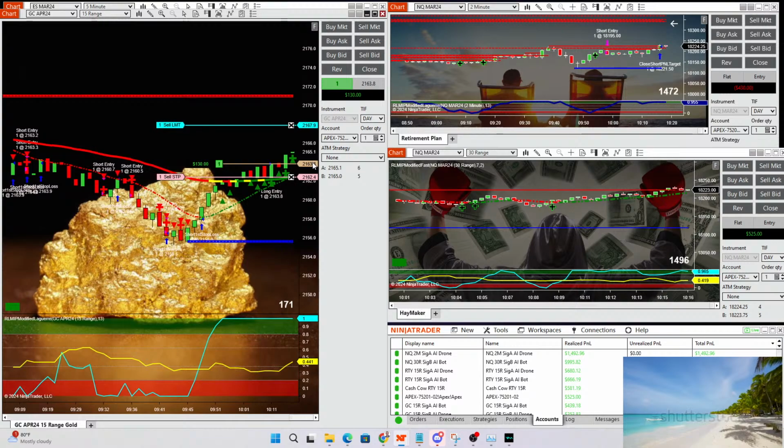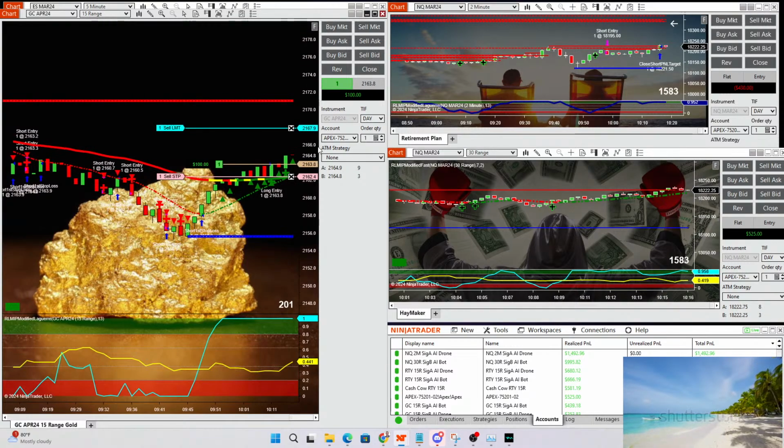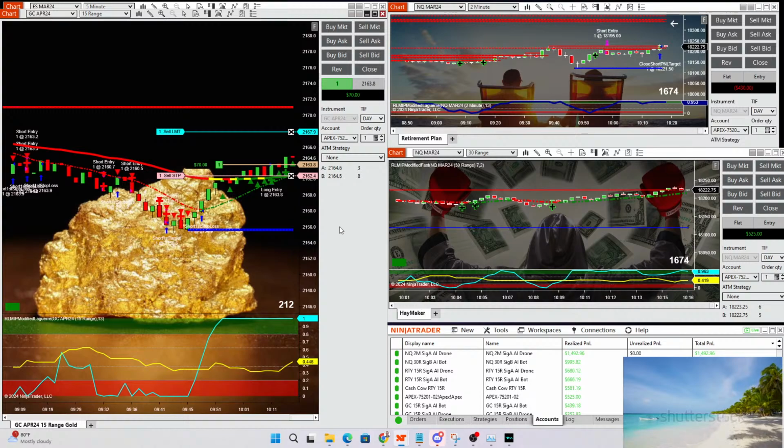And I know this gold bot has been one of my hot ones, so gold is bouncing. Look at the Signal B AI bot, it took another full winner in the meantime.